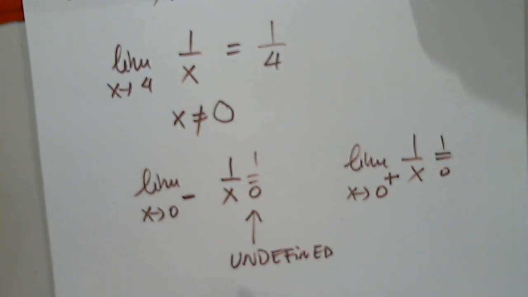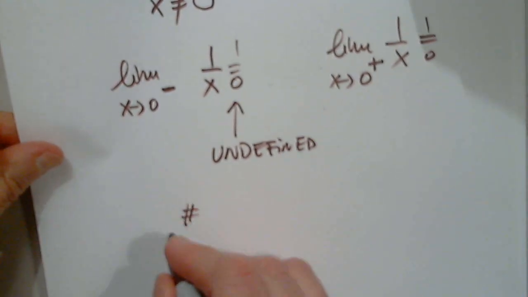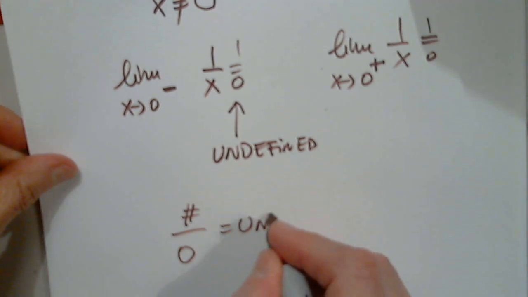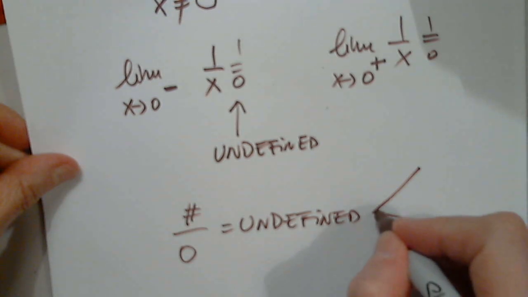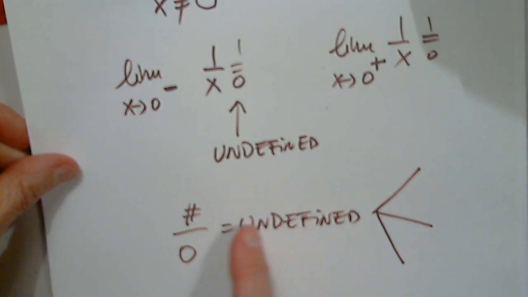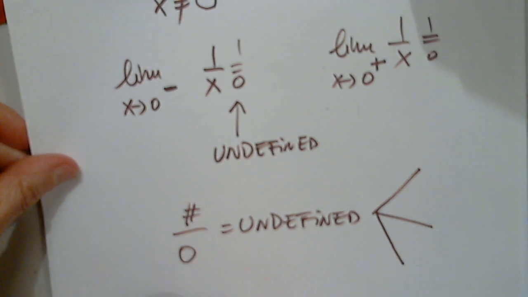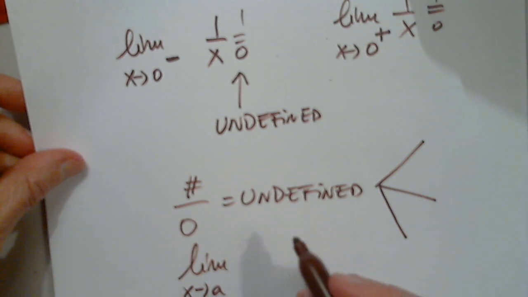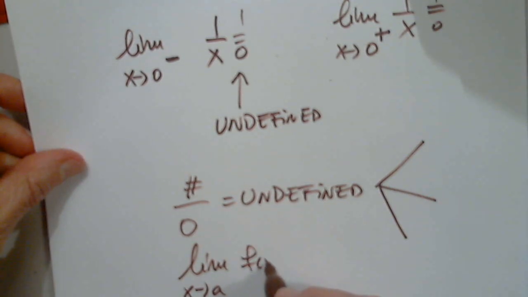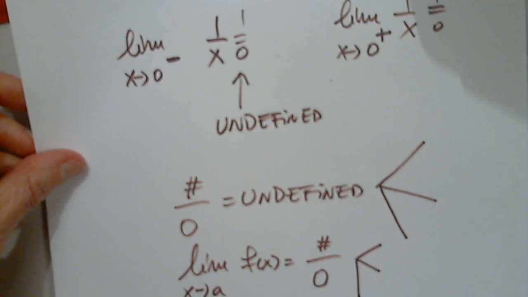But when we say it cannot exist, so a number divided by 0 is undefined, the limit can be 3 different things. So the limit, maybe I should put it like this: as x approaches a of f of x, if it is a number over 0, then it can have 3 different faces.